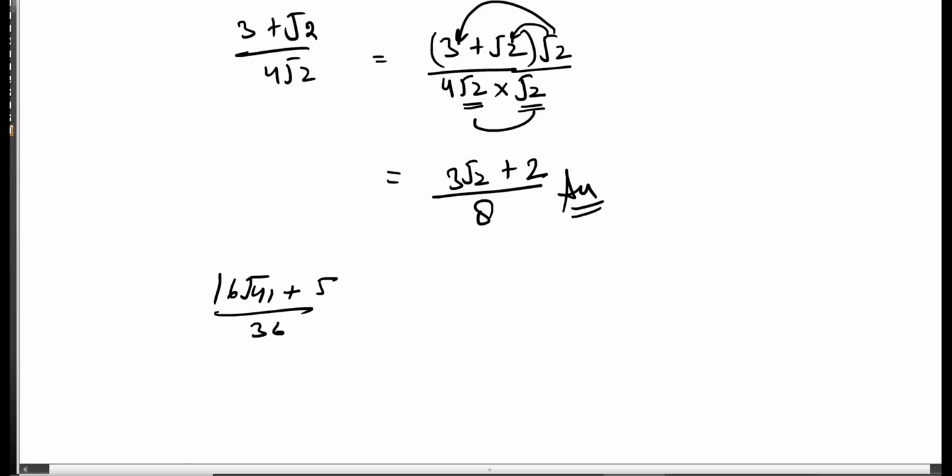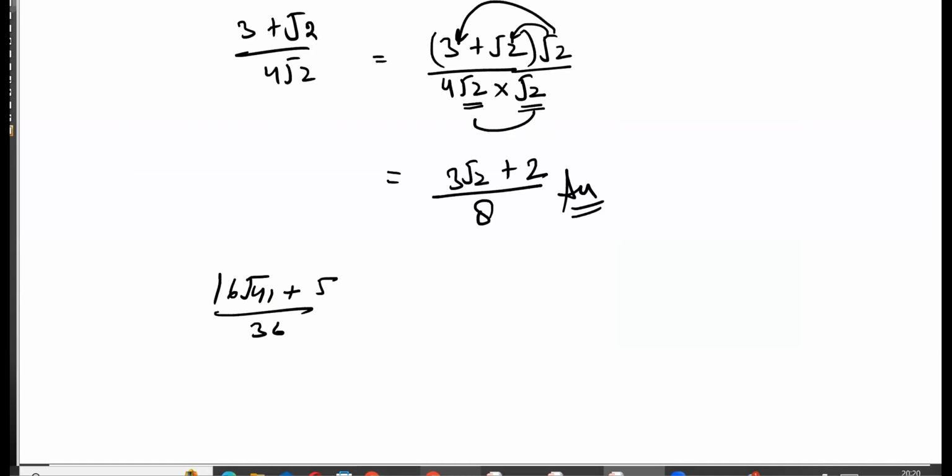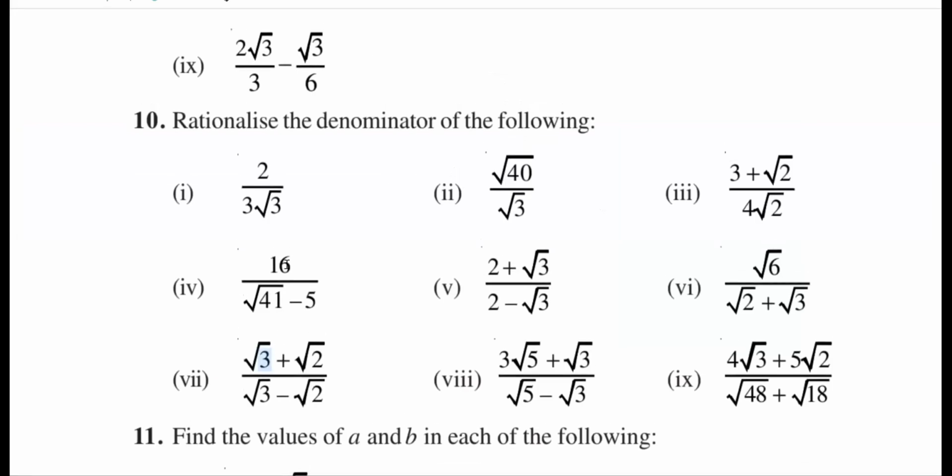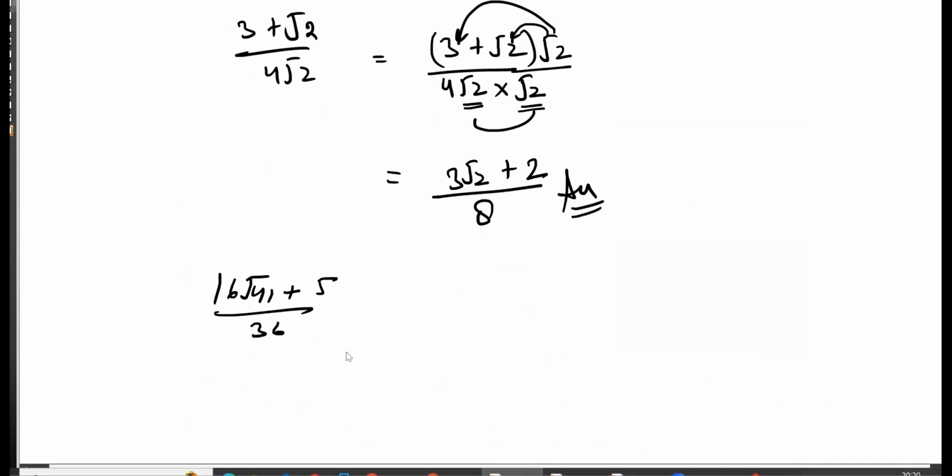So here you see that this is 16 root 41, and this is minus 5, you have multiplied by 5. So when this 16 is going to multiply this one, you have just done a silly mistake here.